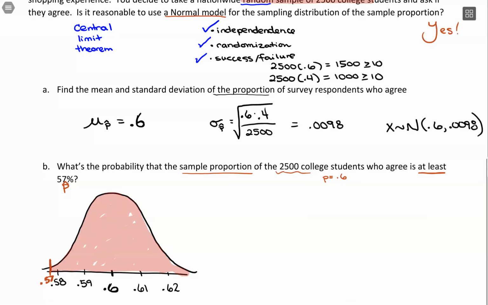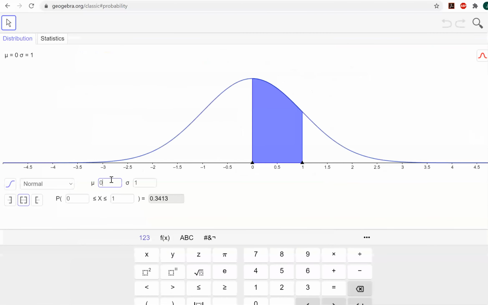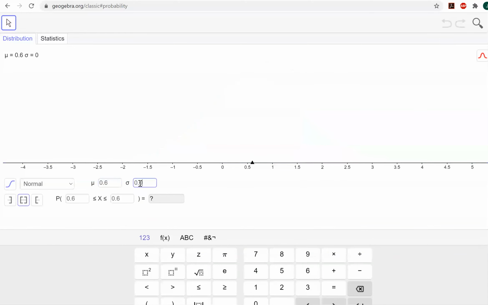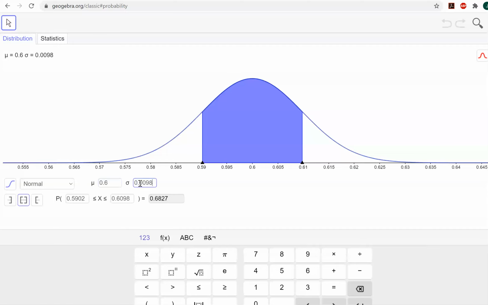So what I need to do is go to GeoGebra, and there I'm going to use this mean of 0.6 and standard deviation of 0.0098. So 0.6, 0.0098.